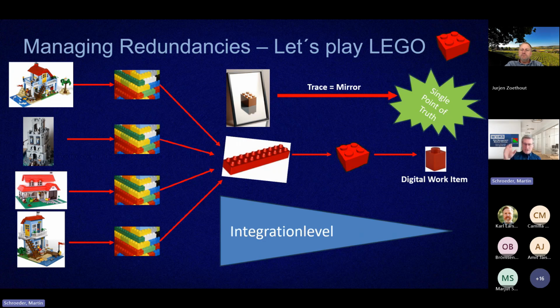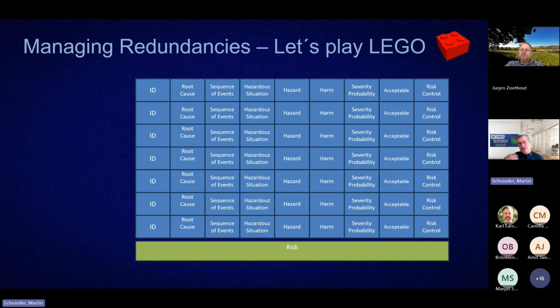I think everybody of you has a basic understanding of these kinds of systems. And just to give you another detailed look at it, if you see the risk analysis here with all the different items that we have in such a big system, we have single points of truth.